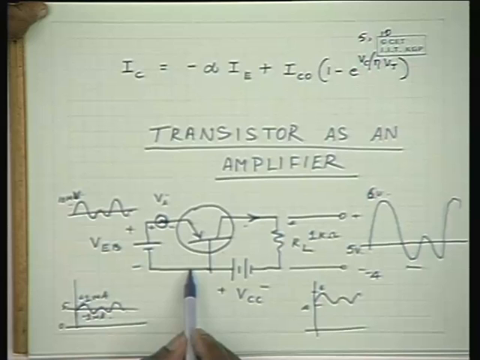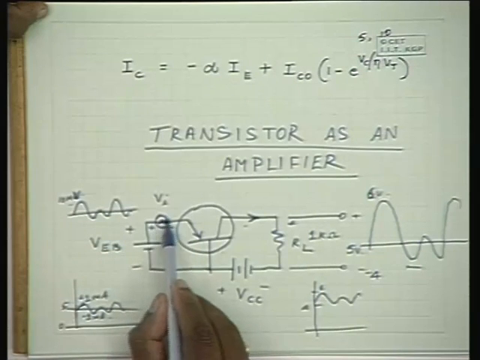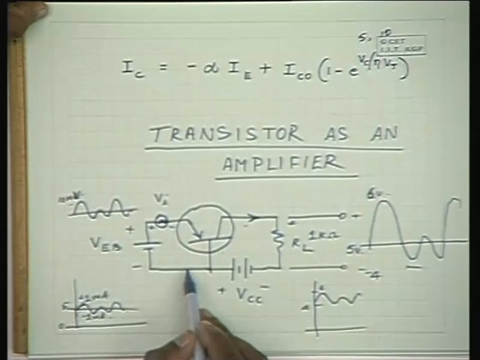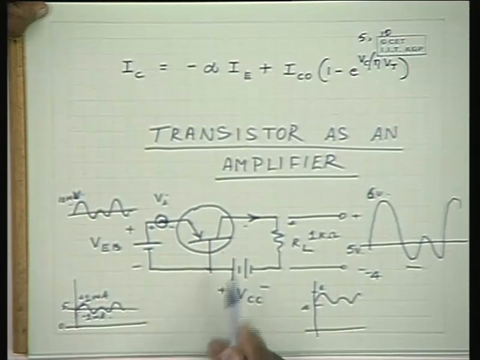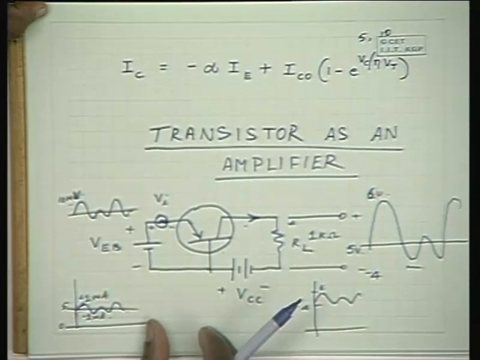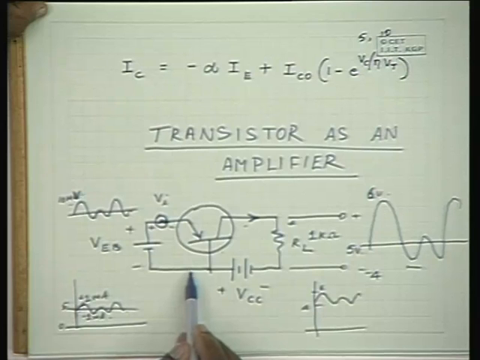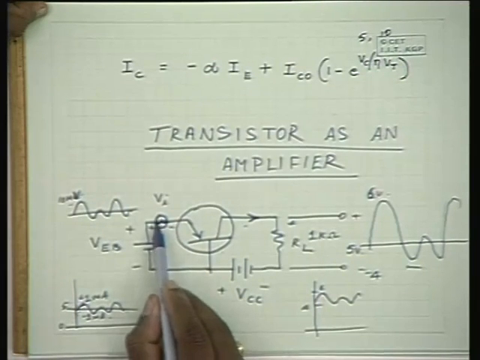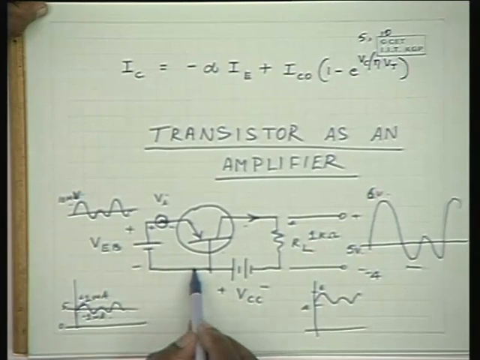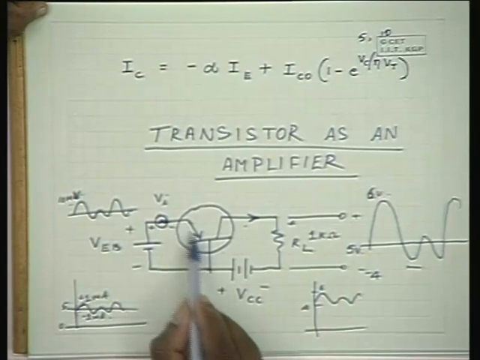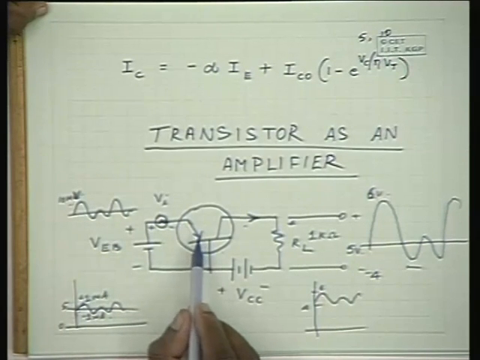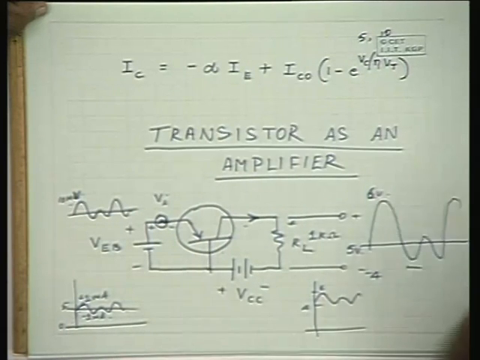On this side, if you have a large resistance and this current drops across this resistance, here also you will get a large amount of voltage. But with a large resistance connected here, most of this potential drops across this resistance and only a very small amount gets dropped across the forward junction, and hence you will not get that current amplification.